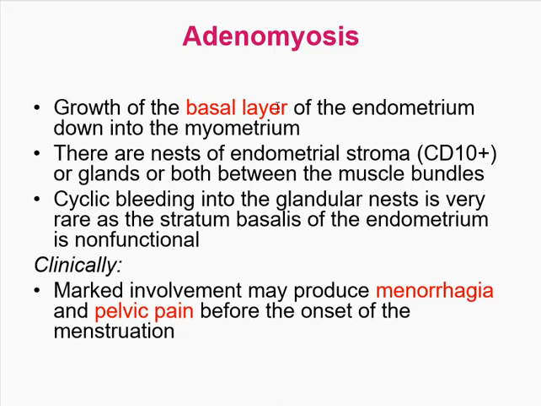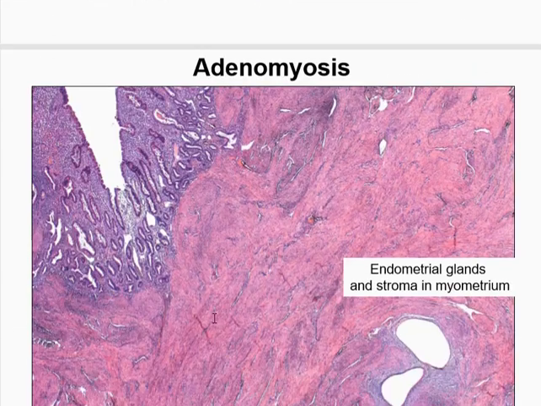As the basal layer does not demonstrate cyclic changes, cyclic bleeding into these glandular nests is generally not seen.